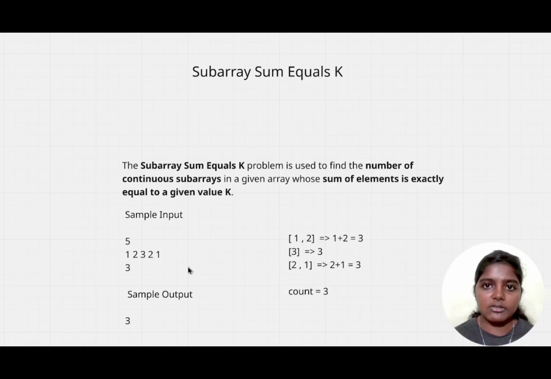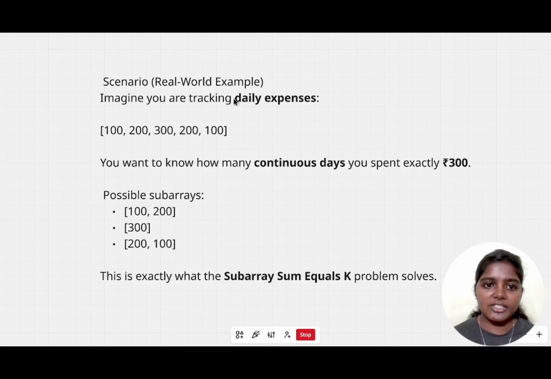So let's see a scenario. Imagine you're tracking your daily expenses for a week, from Monday to Friday. Now your task is to find how many continuous days you have spent 300 rupees.